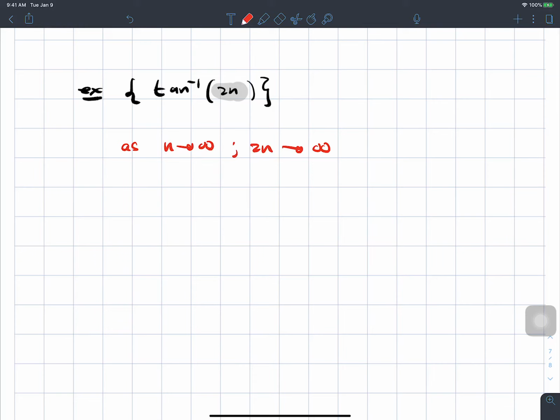Our 2n is getting big. So if I double that, that's also getting big since n is getting big. So the question is going to be, where does inverse tangent of 2n go to? Just kind of showing you the logic and the flow of using this kind of notation.